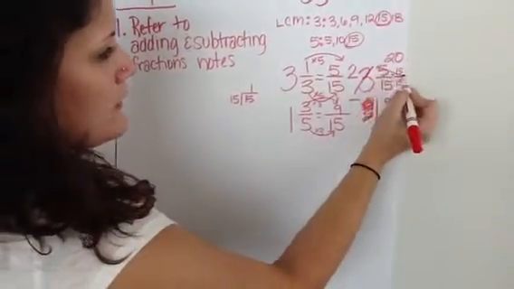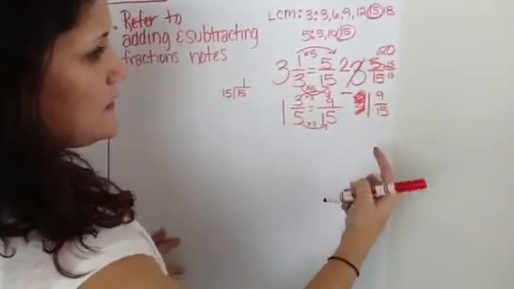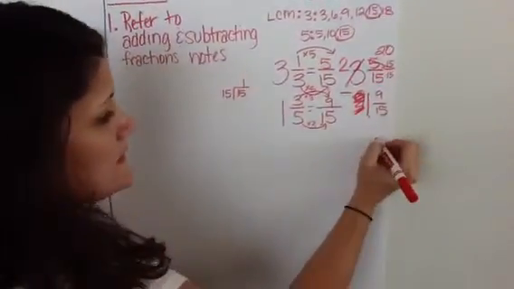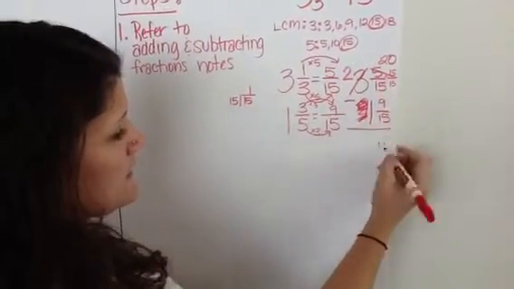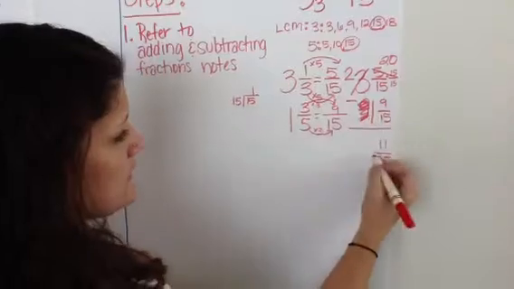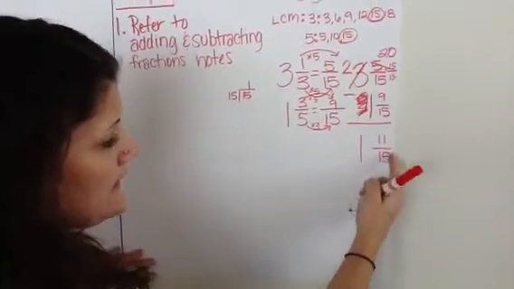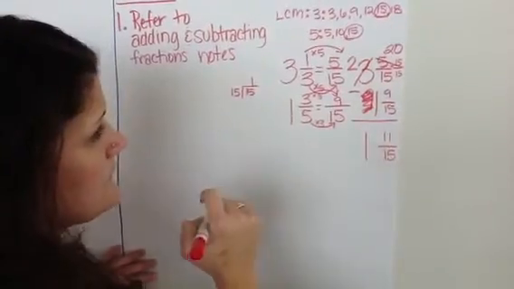So now my number is 20, and I can do 20 minus 9. So 20 minus 9 is 11. And then my denominator is just brought down, and 2 minus 1 is 1. I can't reduce 11/15. My answer is 1 and 11/15.